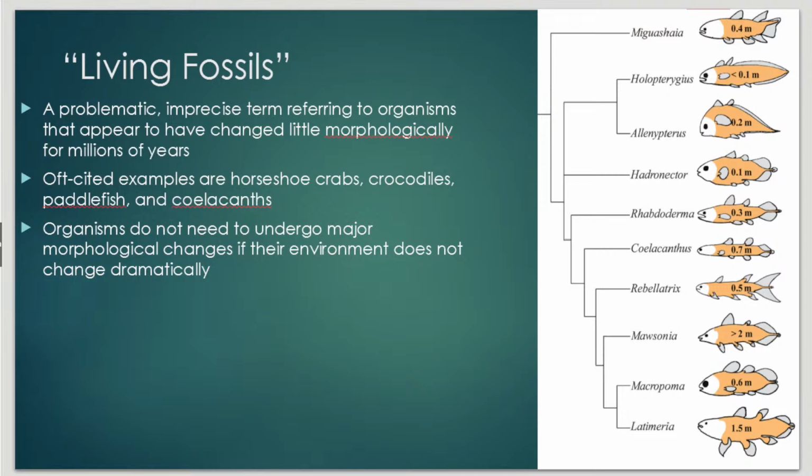So basically, any genus that has been around since at least the end of the dinosaurs is considered a living fossil. But technically, by that definition, coelacanths are not living fossils, the modern coelacanth, Latimeria. Well, they might not be, because we don't actually have a fossil record for Latimeria, so who knows how long they've been around.